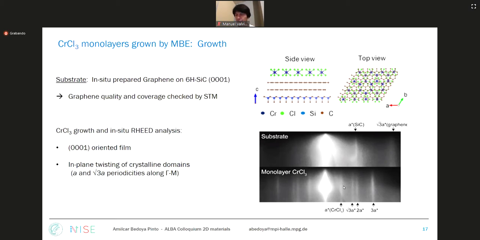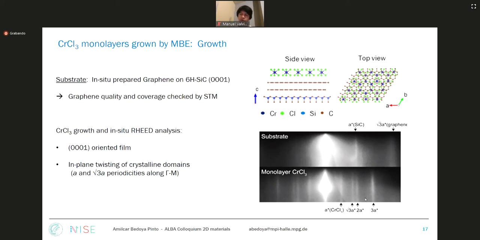Interestingly, the growth has a peculiarity: it's not fully single crystalline oriented in the plane, but it has some twisting of the domains, and it has some preferential directions, because you have really streaky patterns that correspond to the gamma-M and gamma-K directions of the hexagon.